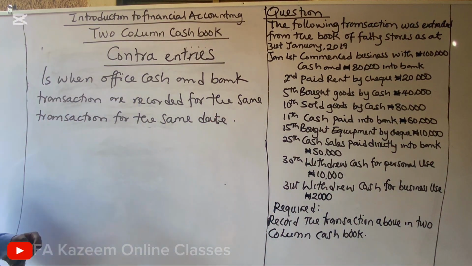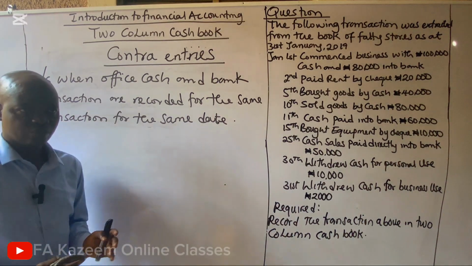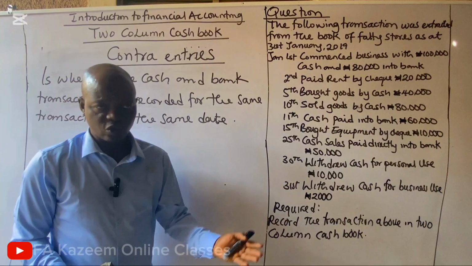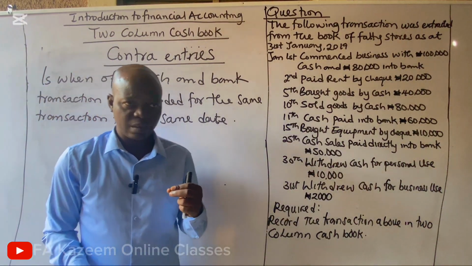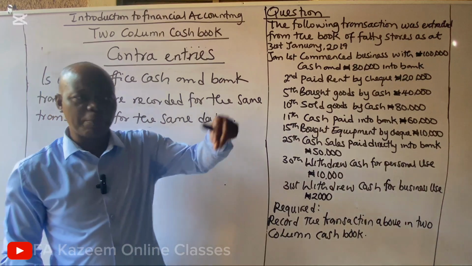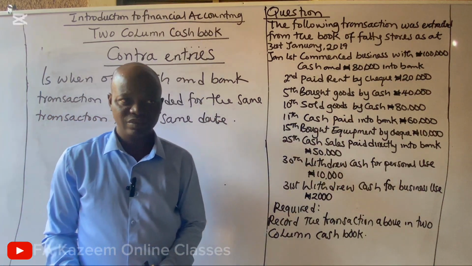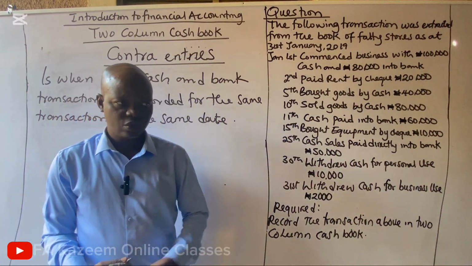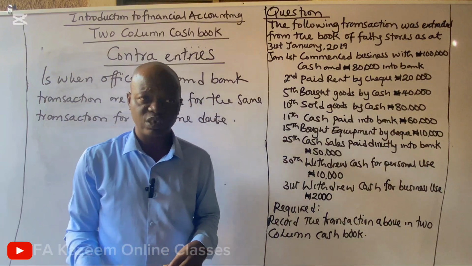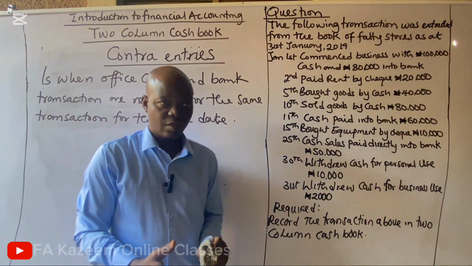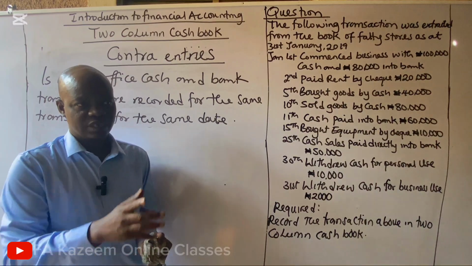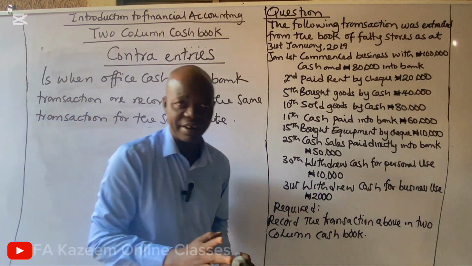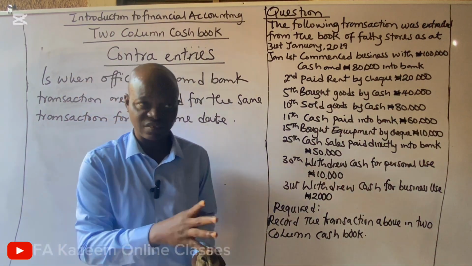What do we mean by this? In some organization or some business entity, all sales by cash are later banked on the same day. For instance, 1 million naira goods was sold by cash on the 5th of January, and the cashier collected the 1 million naira in cash as a result of sales.